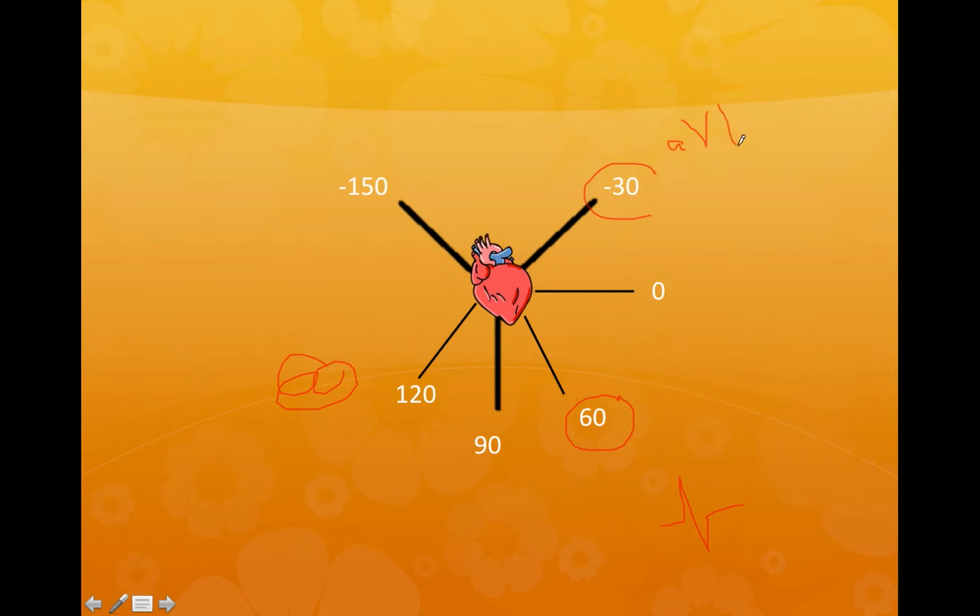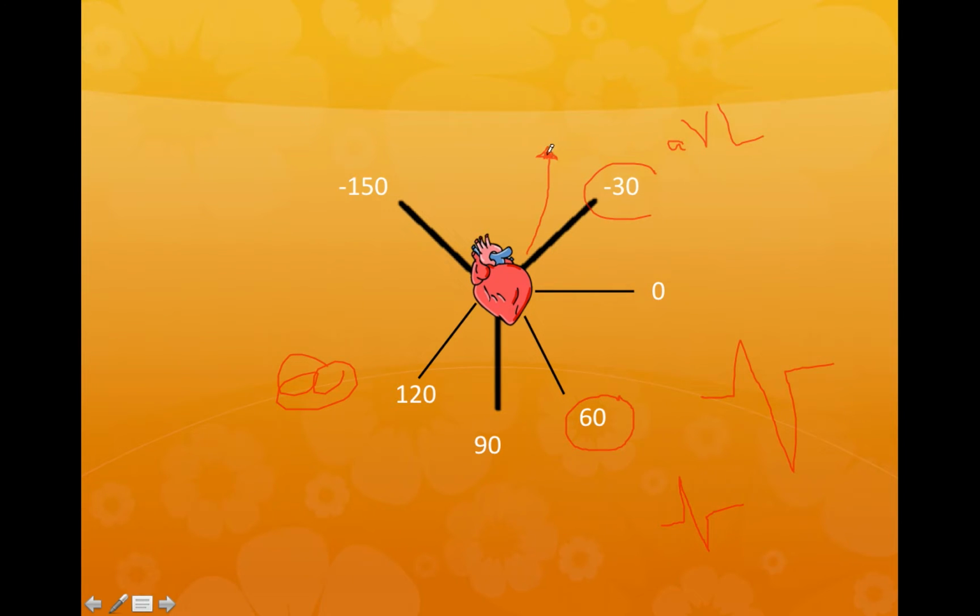The problem is that if we looked at our complex, it wasn't a perfect biphasic wave. It was actually something more like this. It was a little bit biphasic, but the negative deflection was actually much greater than the positive deflection. So what we can assume is that the true axis is actually a little bit further away from aVL. It's more likely to be in this direction.